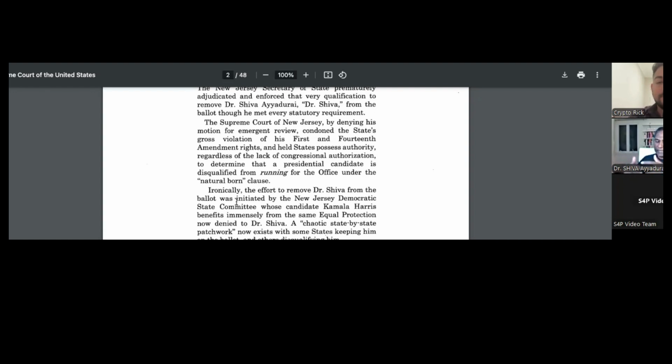But the reality is, the natural born clause, like I said, in the late 1700s, early 1800s, the Marquis de Lafayette, who was a French citizen born in France, was made a natural born citizen because he fought with the army. There were many citizens prior to the formation of the Constitution who were born in England and the West Indies. They too were made citizens.